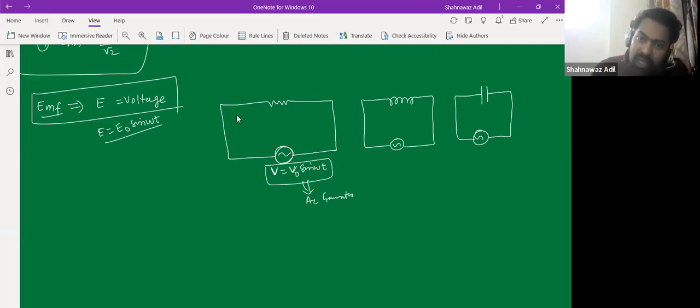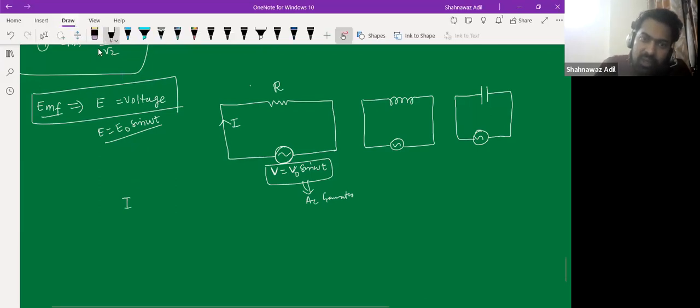So I know that my current in the resistor is simply I, and this voltage is simply IR. So for this case, I get my current as I naught sine omega t, right? So this is what I get.